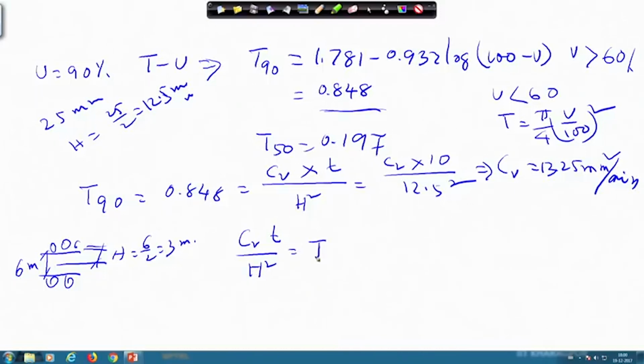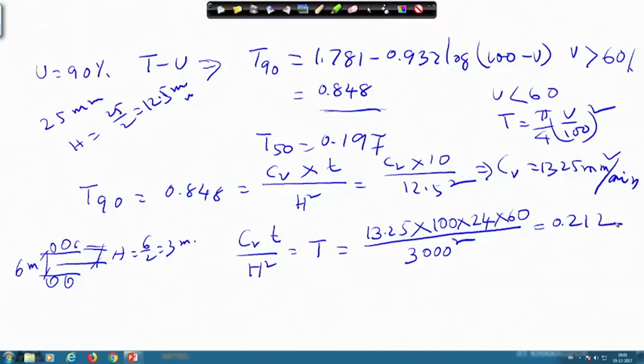C V I already know, 13.25, and t is 100 days. Since it is in minutes, it will be 100 days into 24 hours into 60, so that the units are consistent in minutes, divided by H square, 3 meter, so 3000 millimeter square. So, this gives you 0.212.